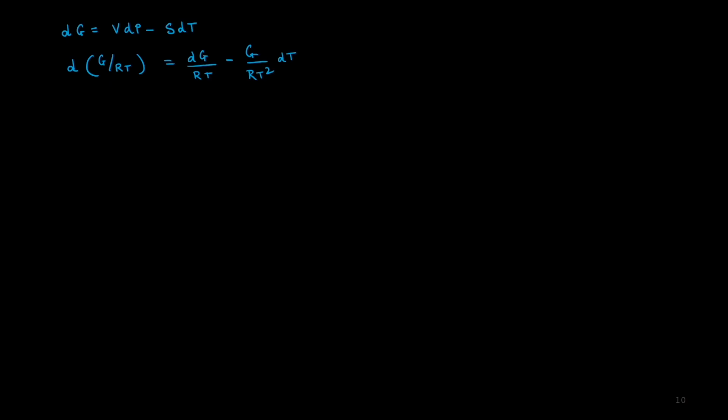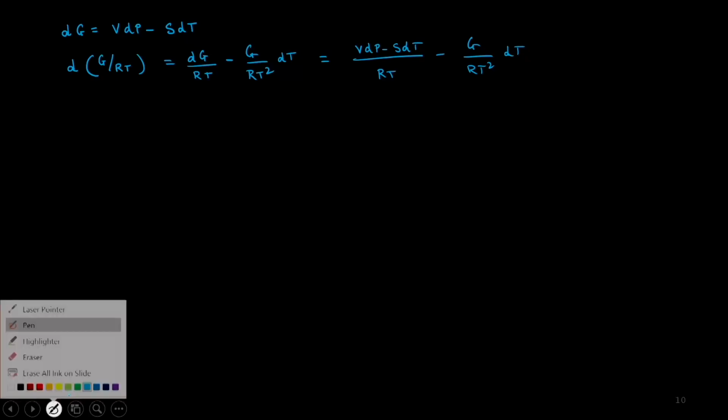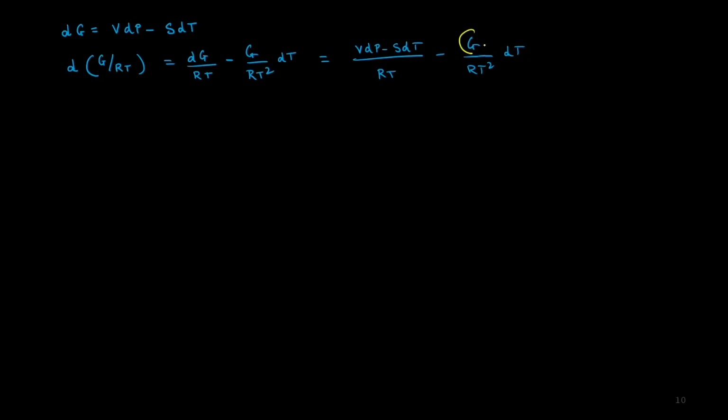I'm just opening these parentheses and writing it as dG and dT, right? Now, dG itself is VdP minus SdT, so it's going to be VdP minus SdT over RT minus G by RT square dT, right? And again, I'm going to replace that G with H minus TS.